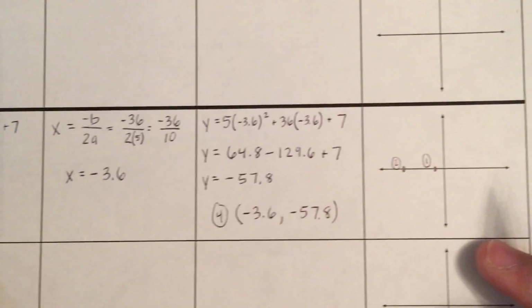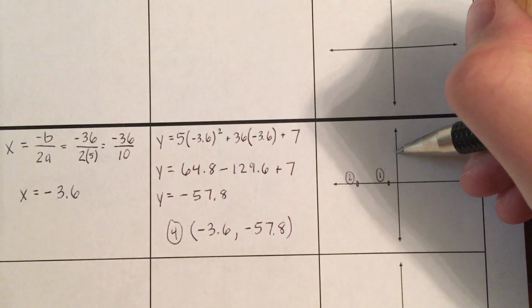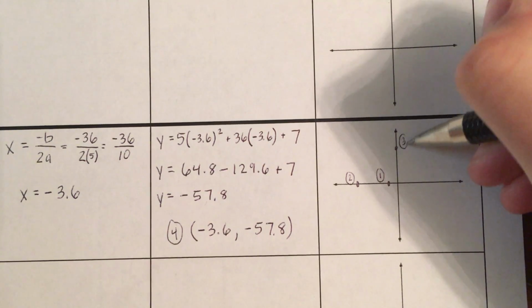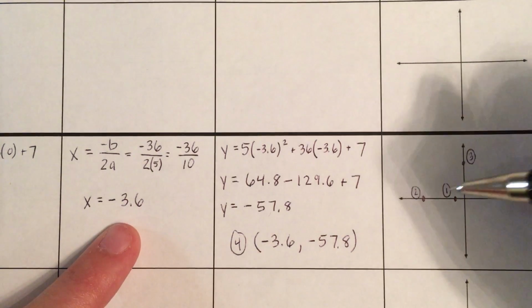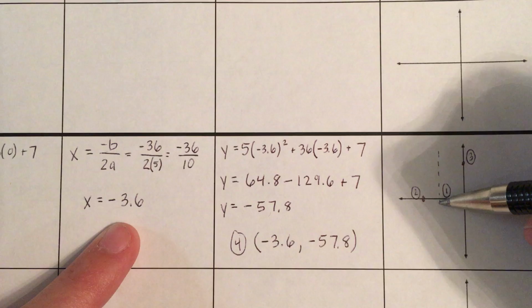Now the y-intercept is at 0, 7. So we'll put that right around here. Our axis of symmetry is at negative 3.6, which you'll notice is halfway between the two x-intercepts.